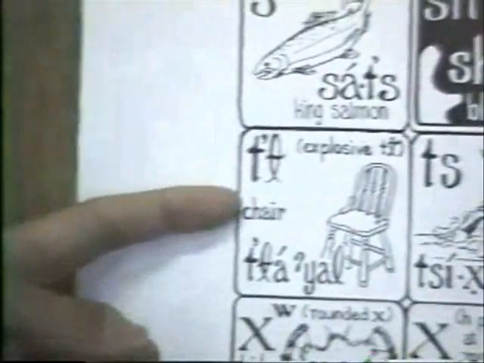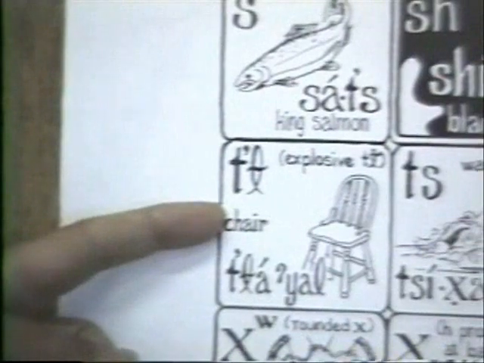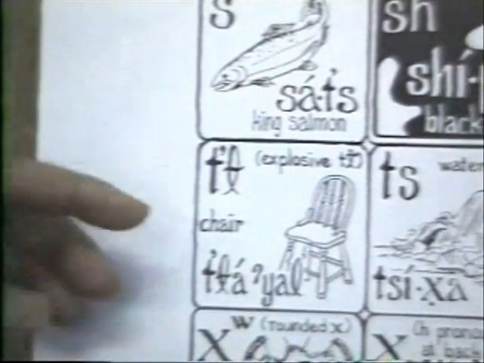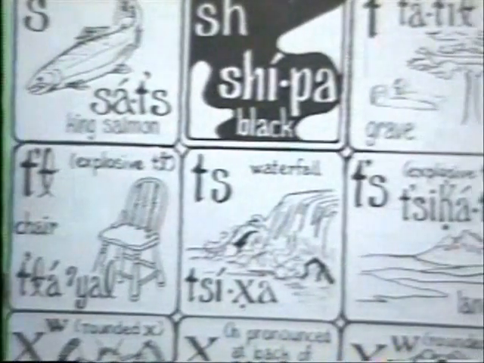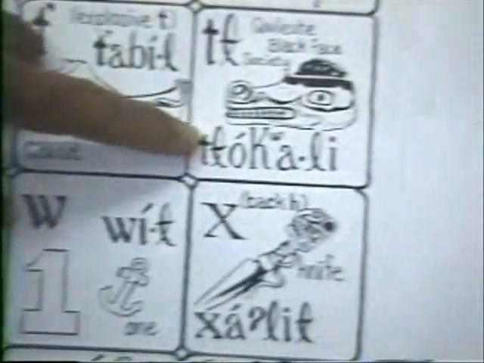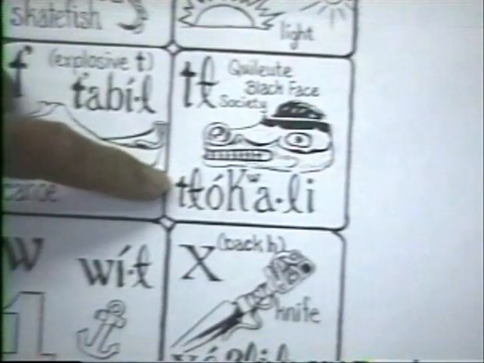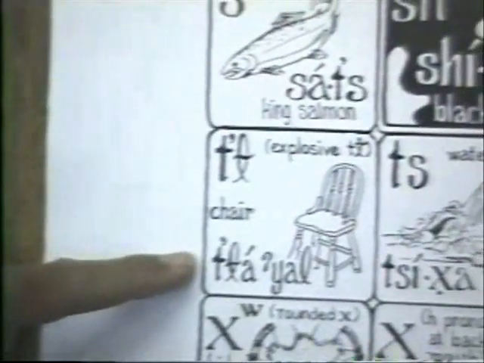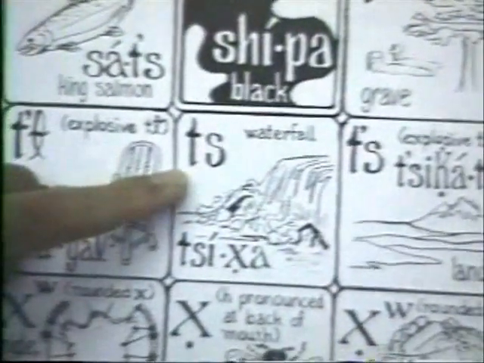And the explosive T, tha, probably one of the most explosive sounds that human languages have. Tha. And we have it in Quileute. Listen to the difference. Kʷo'liyot, tha, kʷo'liyot, not explosive. Kʷo'liyot and Quileute, chair.